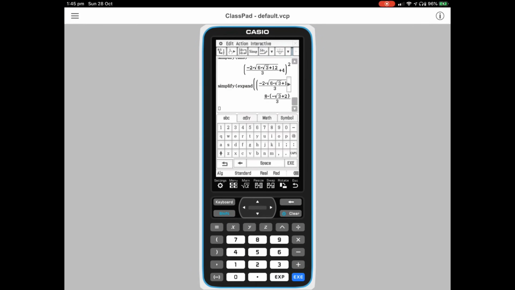Did I copy it right? That's supposed to be negative. So do that. Simplify your answer. Simplify, expand.